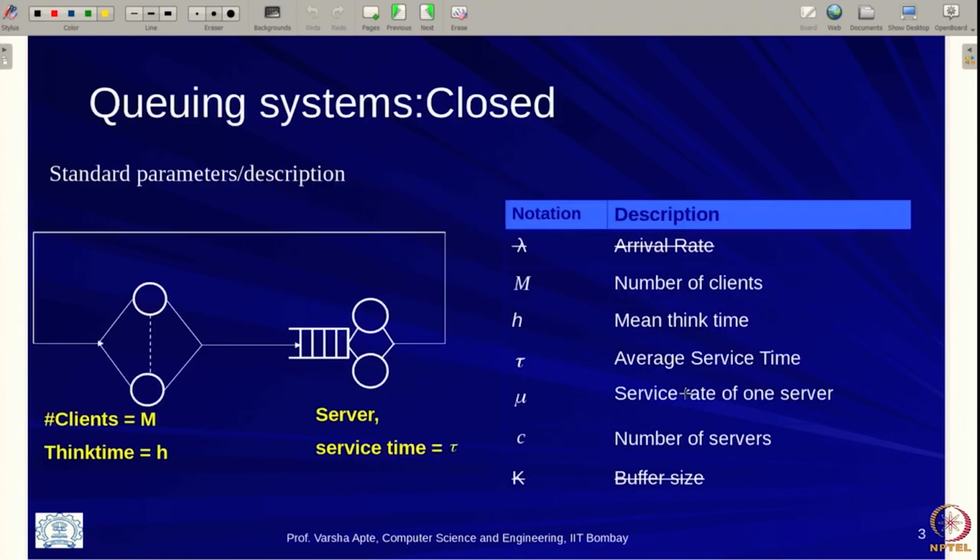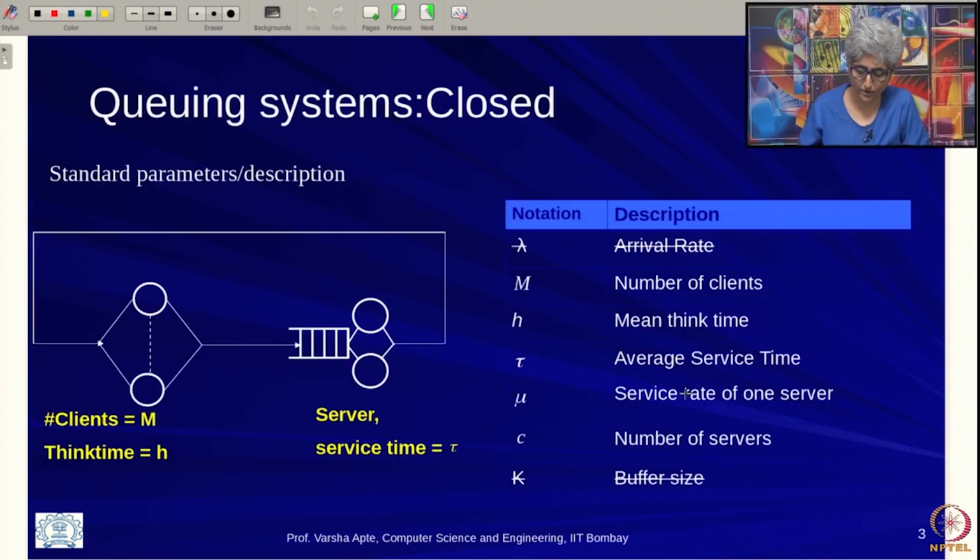So, just a recall again, closed systems are used when you have a small number of clients and whose think time is also small, okay, and they are in a request response loop. The clients can represent students in a lab or call center agents interacting with the website, or they are threads interacting with the CPU. Okay.